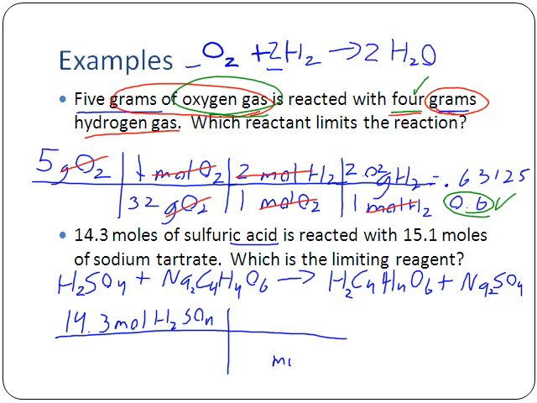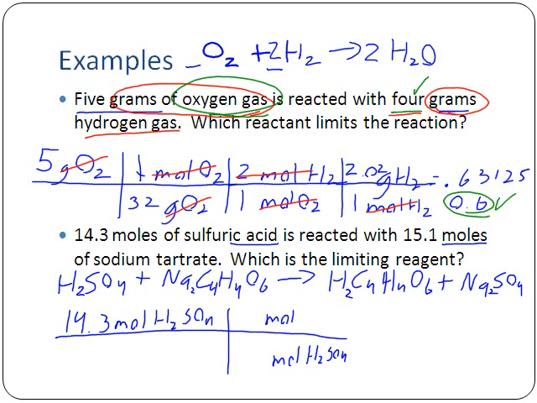We can just go from moles of what we start with, moles of H2SO4, to moles of what we want. Remember, you always want to convert from what you start with to the units of the other one. The units of the other one here are going to be moles of sodium tartrate. And so we want to go to moles of what we want, which is sodium tartrate.